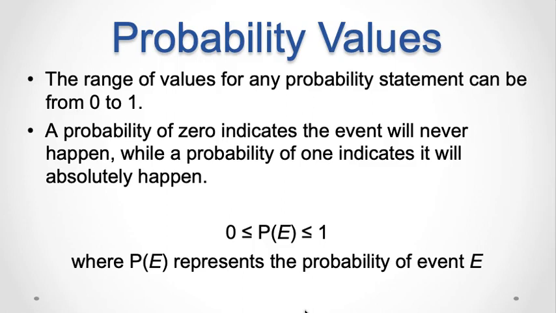Probabilities less than 0 or greater than 1 are not possible. For example, probabilities such as 1.32 or negative 0.3 are not possible. Or sometimes you might hear someone say that they gave some activity 110%. This is impossible.